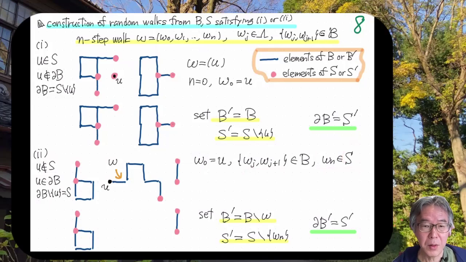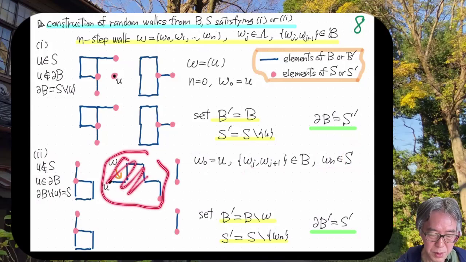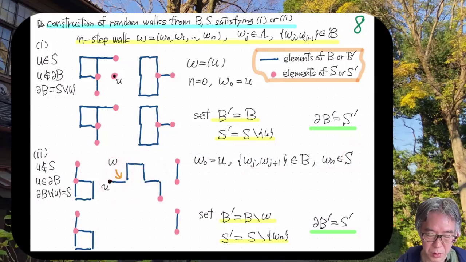Now after this, we again remove this random walk to get new B prime and S prime. In this case, this is clear. We use this portion of B to construct our random walk, so I just take away the random walk from B to get this. These are the sets B prime.